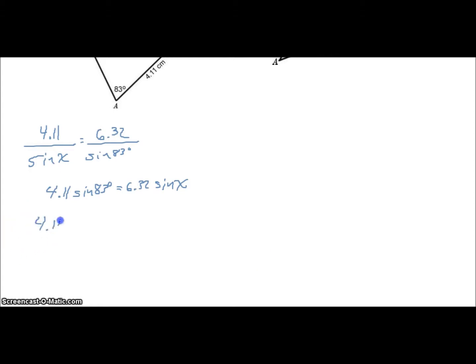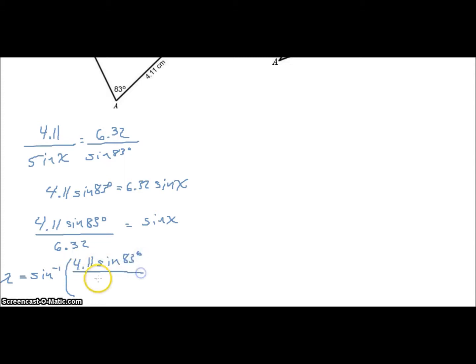So 4.11 sine of 83 over 6.32 equals the sine of x. That means that x can be found with the inverse sine, or the arc sine, of 4.11 sine of 83 over 6.32.